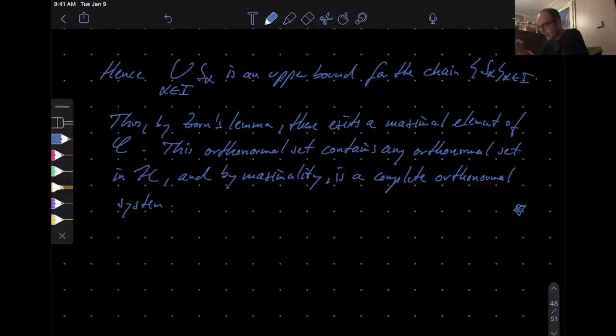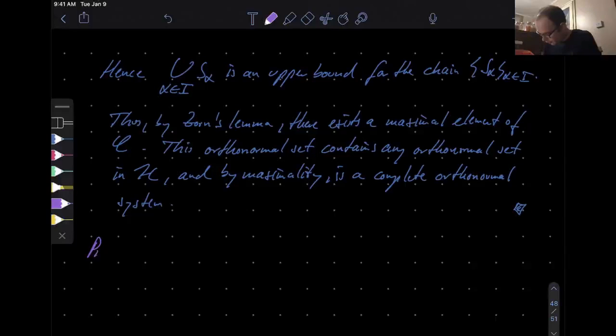All right, having established the existence of an orthonormal basis, the goal now is to expand vectors with respect to that basis, however that's going to work out. For this, we first need a proposition.